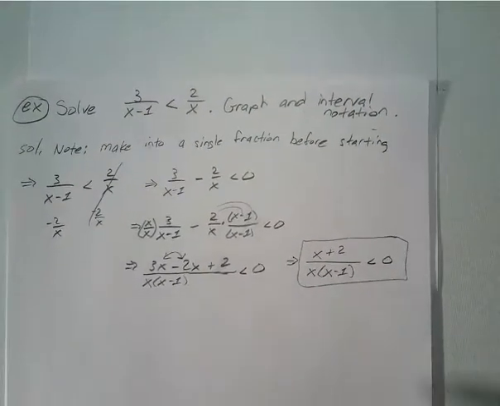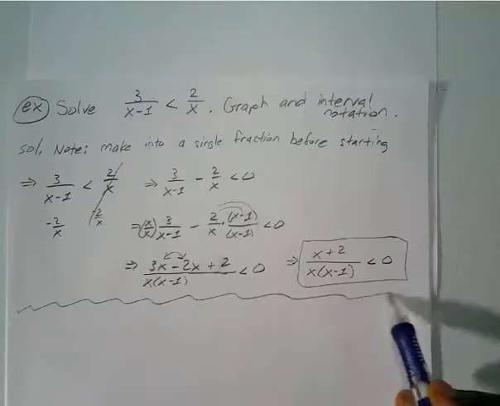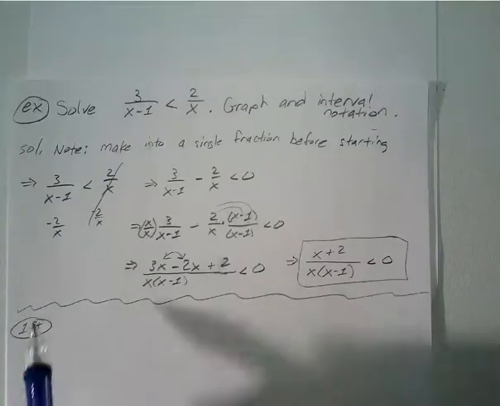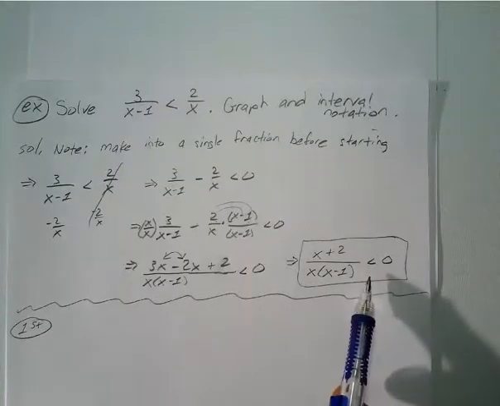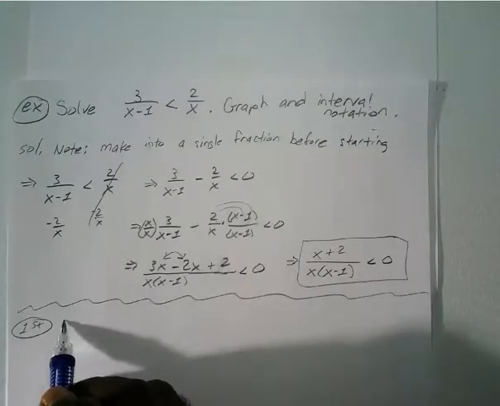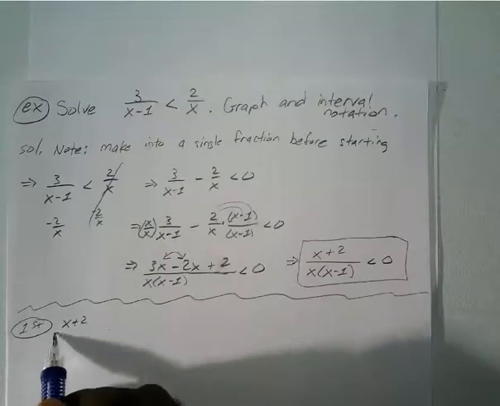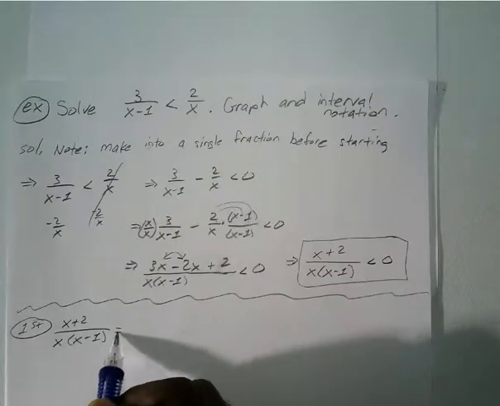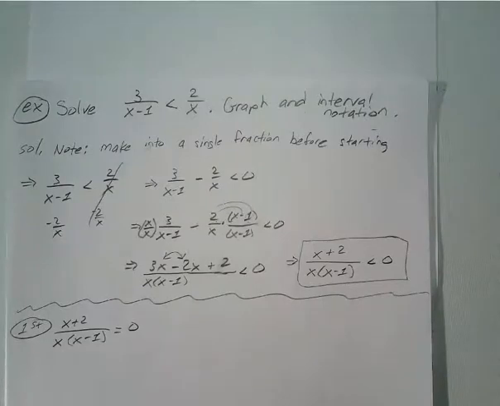Okay, so now that we've done that, we go ahead and start our steps. Remember your first step, you want to solve the equality. So you have x plus 2 over x times x minus 1 equals 0.